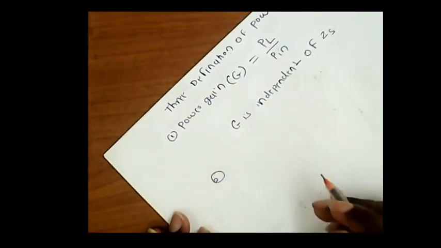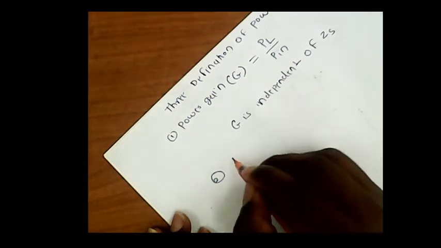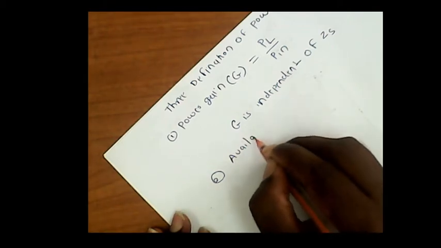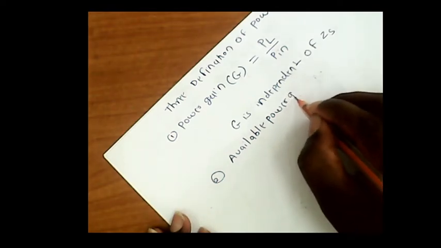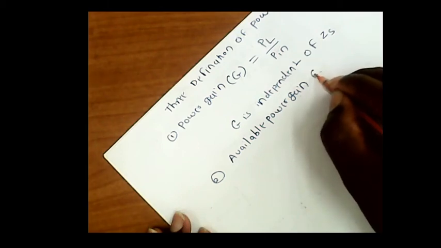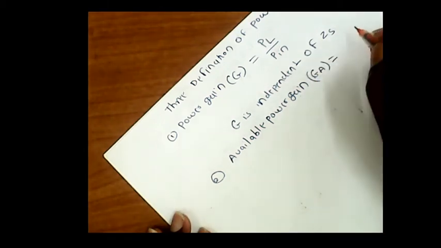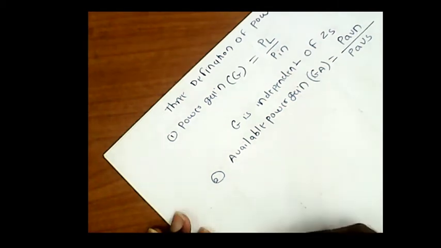Second power gain to be defined is the available power gain, that is denoted by capital letter GA. So it is the power available from the network divided by the power available from the source, PAVN and PAVS.